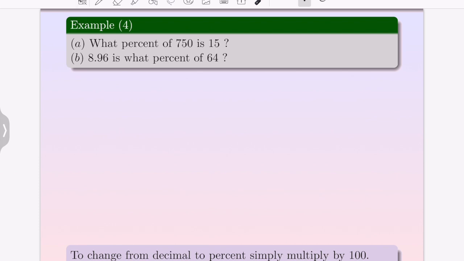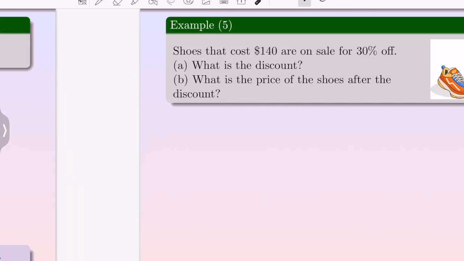And we wrote it down on the very bottom. To change from decimal to percent, simply multiply by 100. For example, 0.05 is 5% because 0.05 times 100 is 5%.